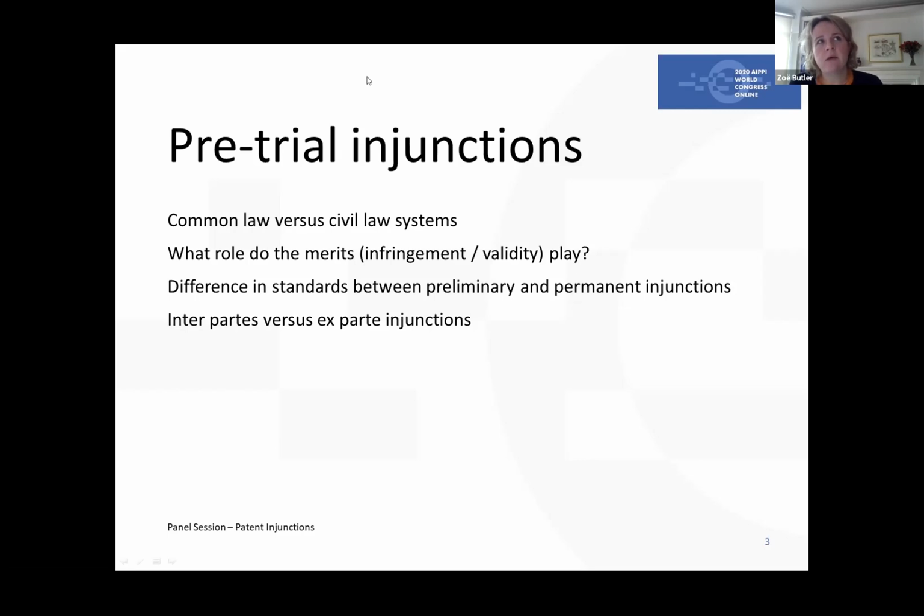I think tied with our tradition of discovery or disclosure in the UK, as in the US, there is an onus on the patentee to give what we call full and frank disclosure. So you have an obligation as the party asking for the ex parte PI to bring to the court's attention matters of which you are aware the other side would bring to the court's attention if they were present. So anything that's detrimental to your application, you should bring to the court's attention.